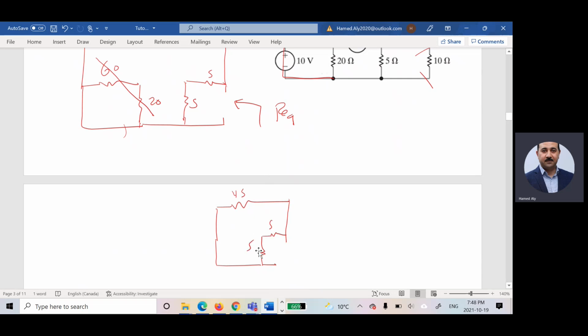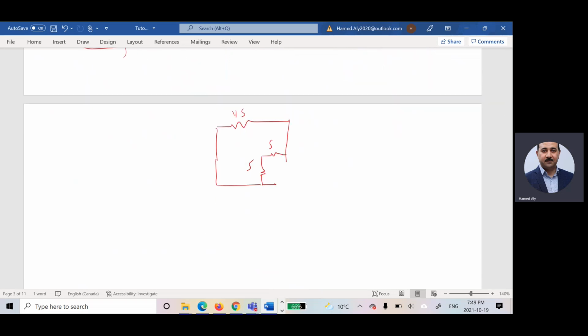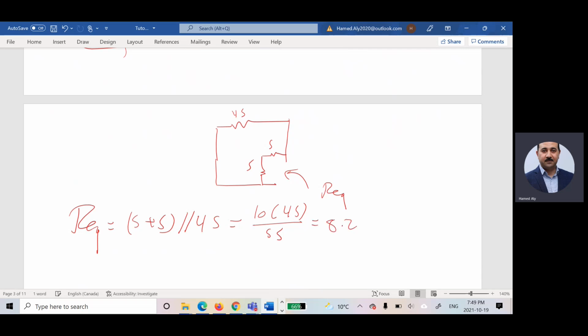The 5 and 5 are connected in series, and overall they are in parallel with this one. So I can say that R equivalent equals 5 plus 5 in parallel with 45. It will be equal to 10 times 45 over 55, which is 8.2 ohms.